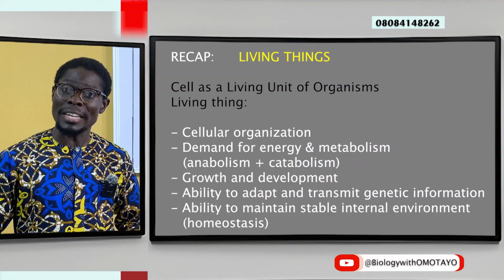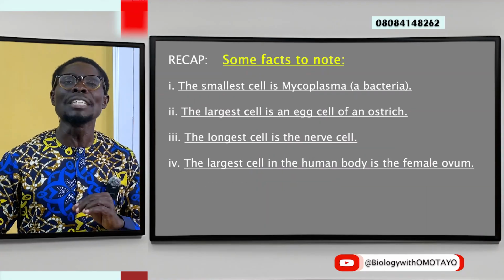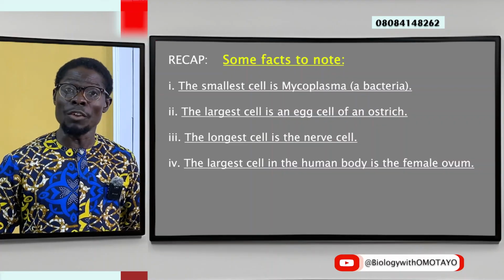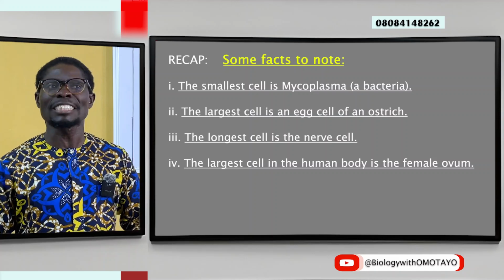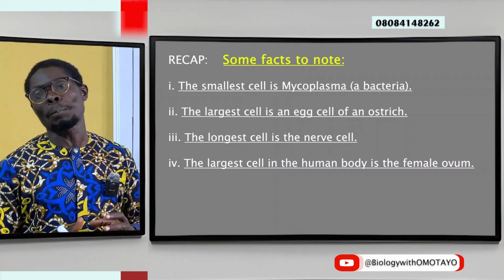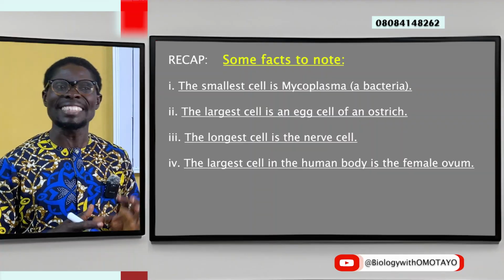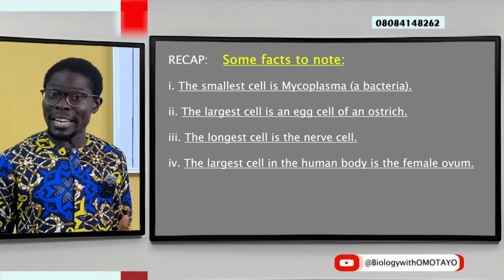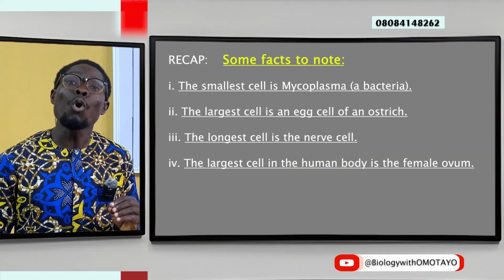Also, in the course of rounding up last class, we identified a couple of unique details with regards to the cell. It was said that the smallest cell is the mycoplasma. It's a bacterium. We equally went on to say the largest cell is the egg of an ostrich, while in human, the largest cell is actually the ova.